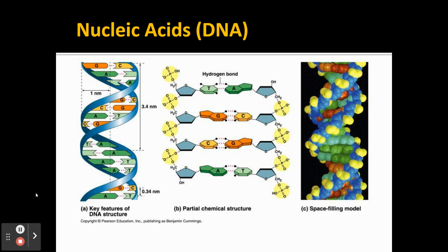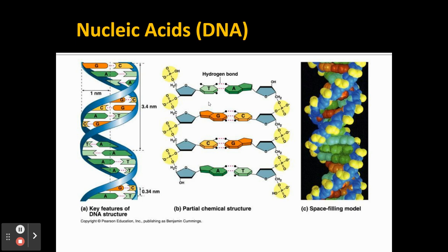DNA is a double-stranded molecule. It consists of two strands of nucleotides that are running in opposite directions. What does that mean? Look at this picture closely, and you can see that on this strand on the left-hand side, we have the phosphate on top and the OH group on the bottom, whereas on the opposite strand on the right-hand side, we have the phosphate on one end and the OH on the other.